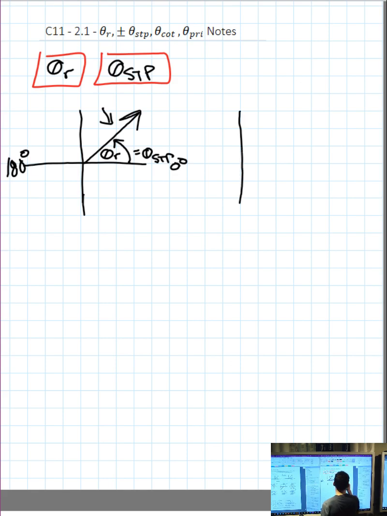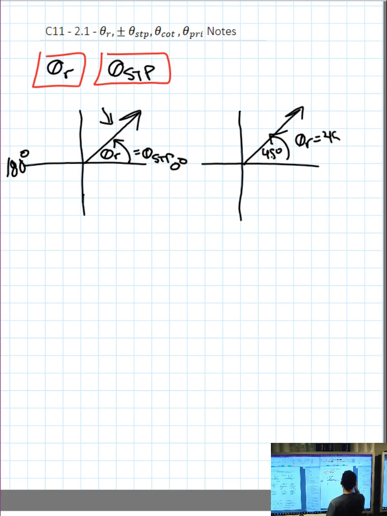So let's do a graph off to the right. And let's put in an angle of 45 degrees. You can put the rounded thing there if you want, but definitely the arrow tip. Theta r, by definition, is the angle between the positive x-axis and the terminal arm, wherever it is, between 0 and 90 degrees.